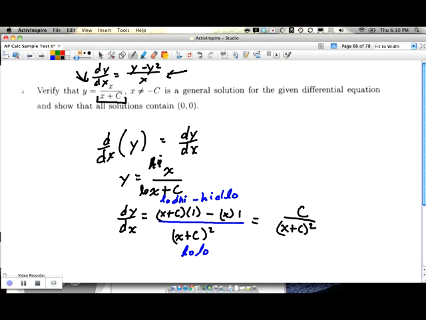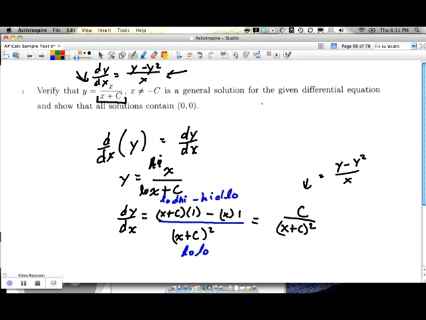And you're asking yourself, probably at this point, how does this equal y minus y squared over x? Well, let's see what we would get if we have y minus y squared over x.